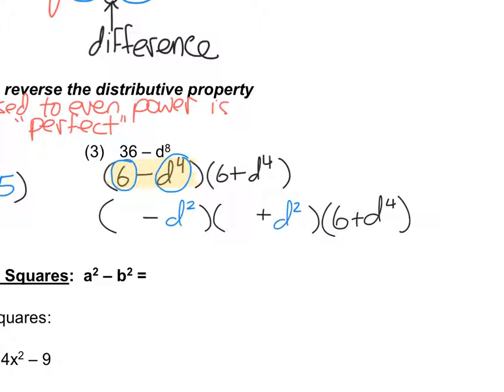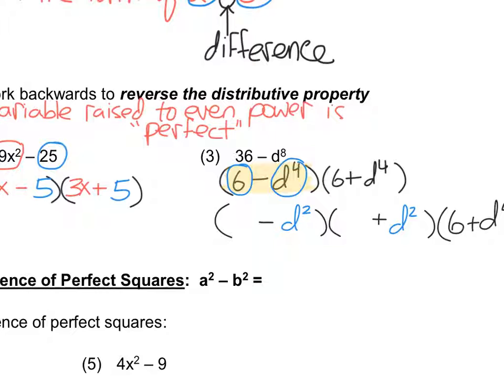So let's just go back for a second to the previous example. How did I get from the 25 to the 5? Divided by 5. But how did we know it was going to be a 5 to begin with? For the variables, it's easy enough.